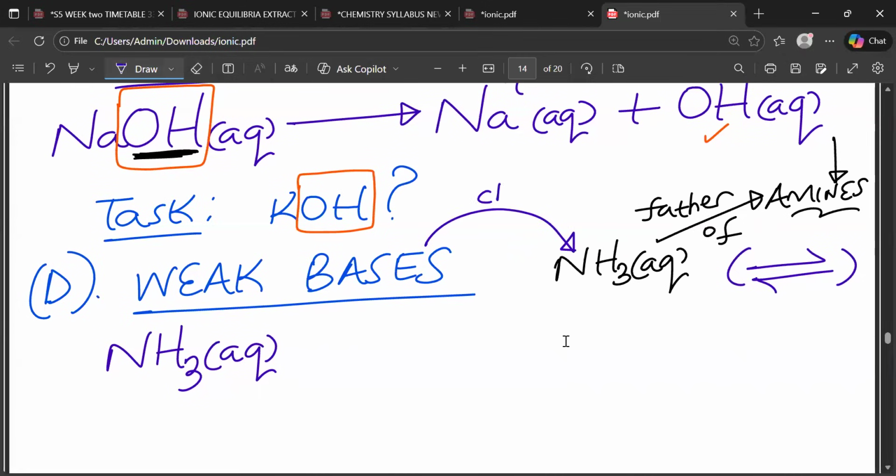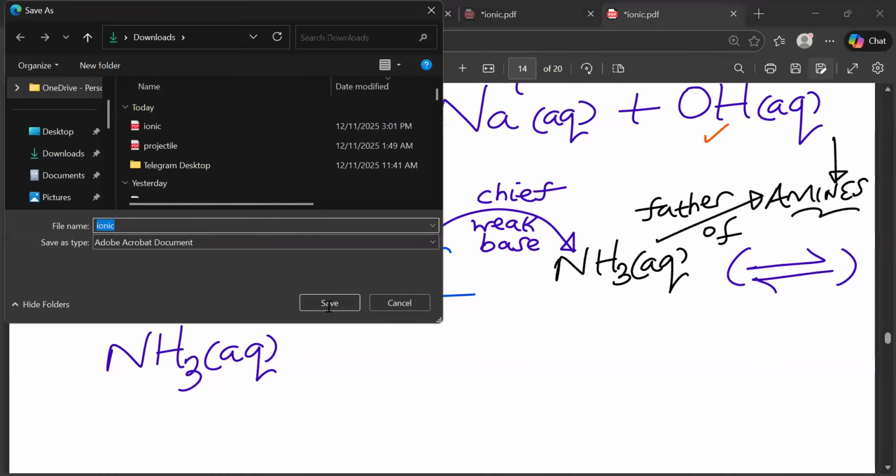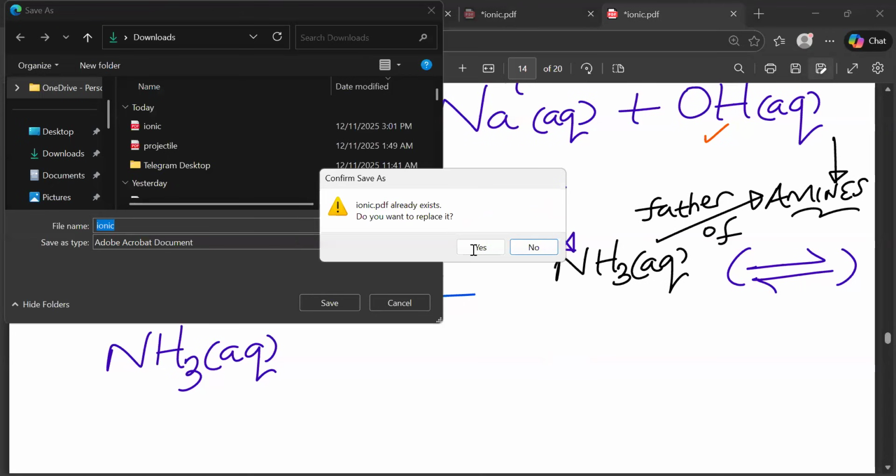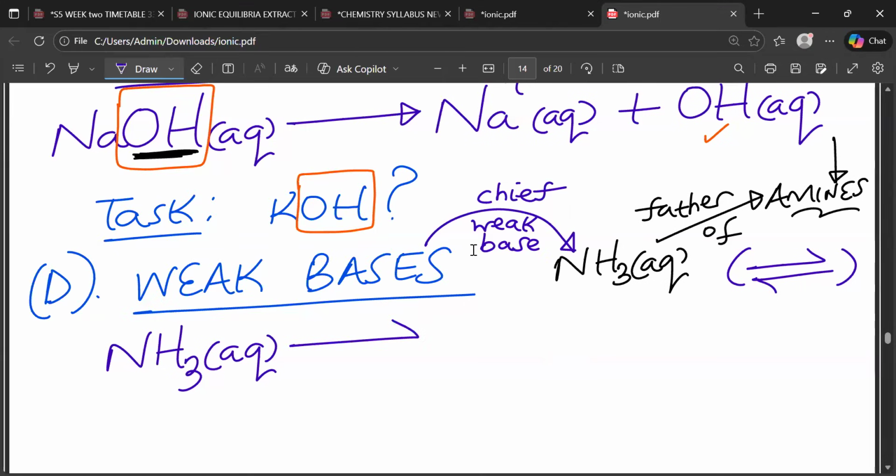Ammonia is the chief weak base and the father of all other amines. Because they are weak, the arrows are supposed to be partial.